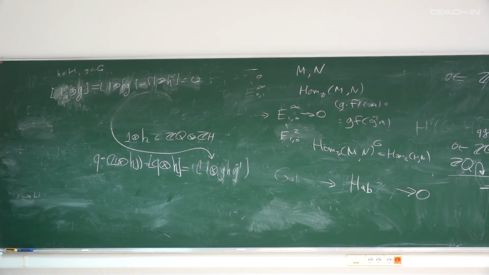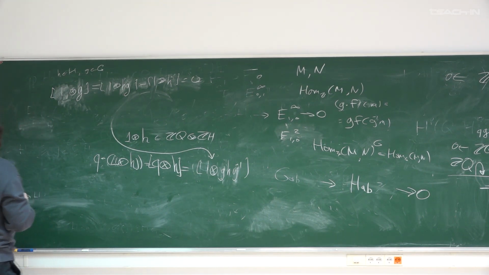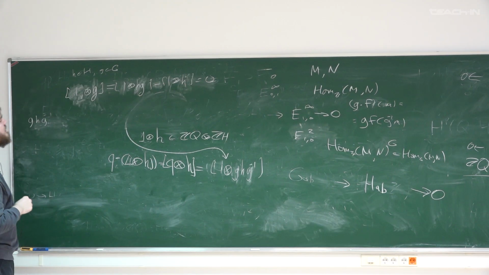Now if I apply this identity, because H is a normal subgroup, I can consider in place of H the conjugation GHG minus 1.